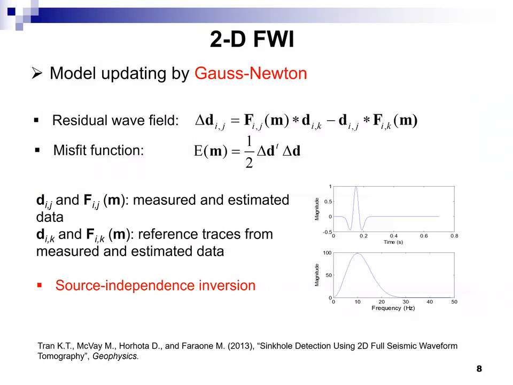For the model updating, we use the Gauss-Newton method to match the measured data with the synthetic data. This method was developed for the sledgehammer waveform, so we have to deal with the inconsistent source signature. Here we developed a method called source independent inversion, so we can use any source signature for the inversion. Here's the trick. We have the simulated data from the wave equation, and we convolve it with one channel, which we call the reference channel, from the measured data.